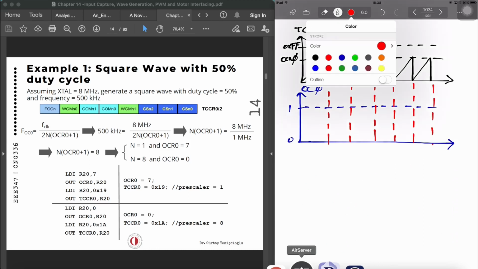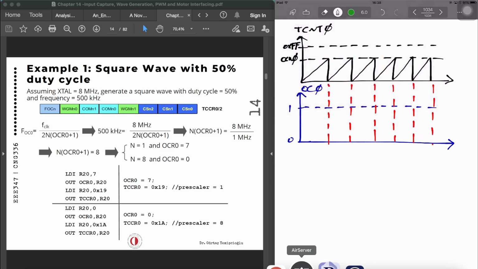Now all we need to do is, starting with 0, going high at this point, then a compare match goes down, another goes up, down, up, down, and so on. So this is how we generate it.